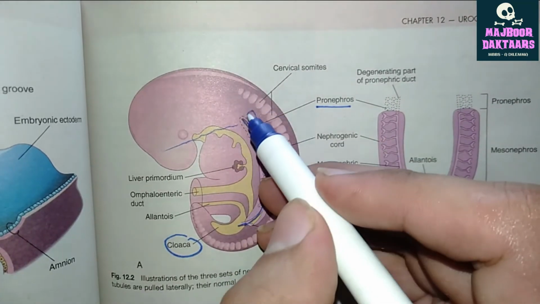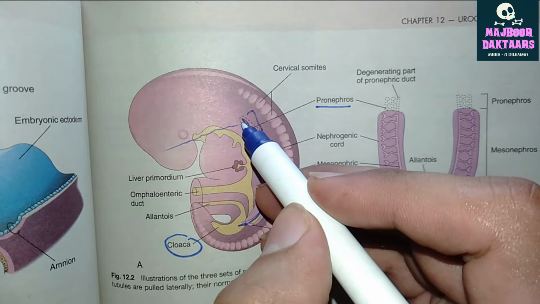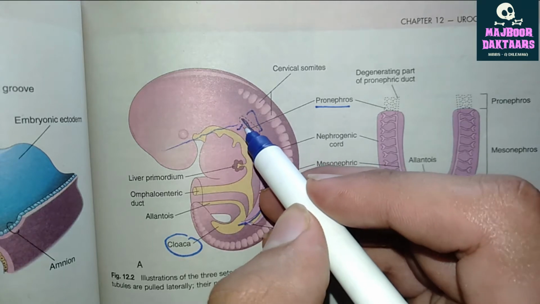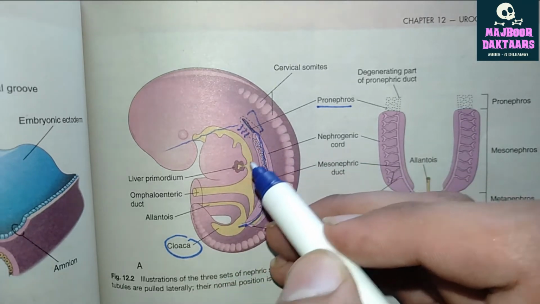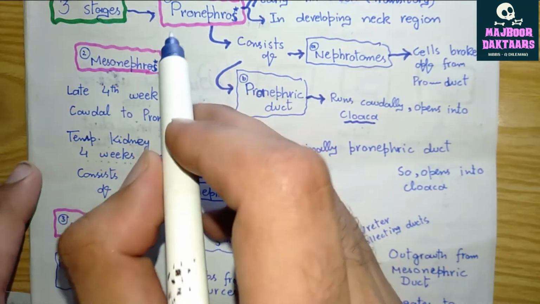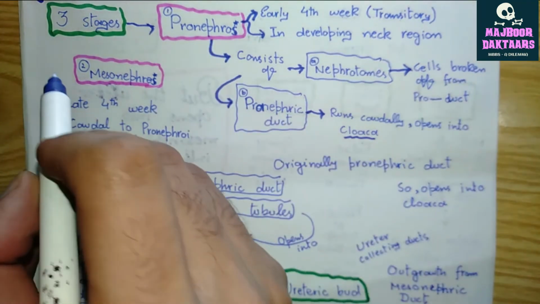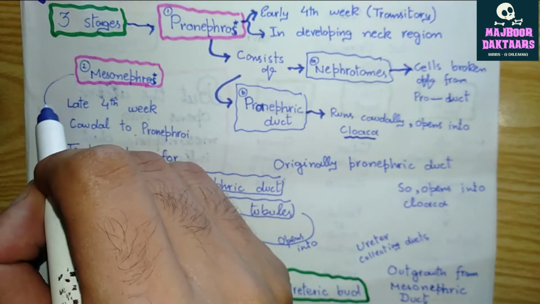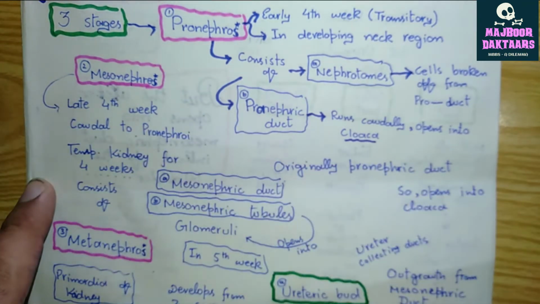Some cells slough off from this duct, which are known as the nephrotomes.